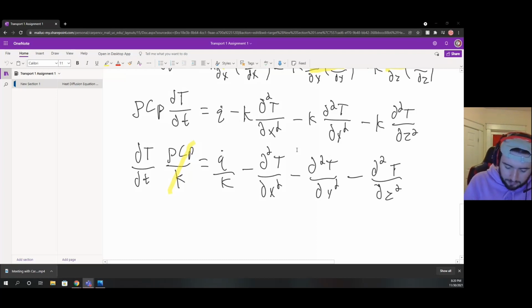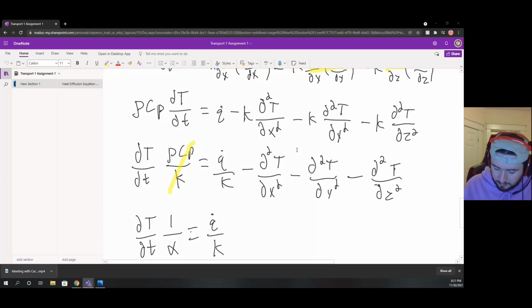So we have our change in temperature in terms of time times our inverse of diffusivity equals Q dot over K minus our second degree partial derivatives.